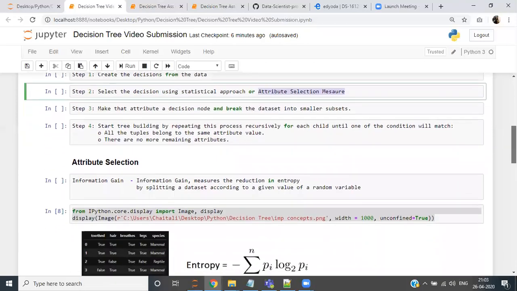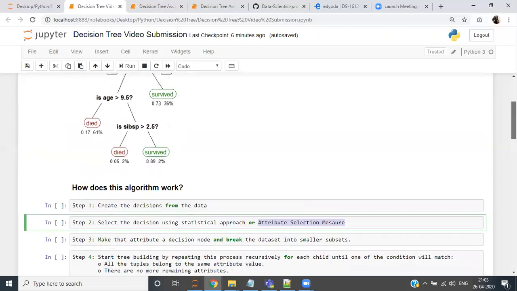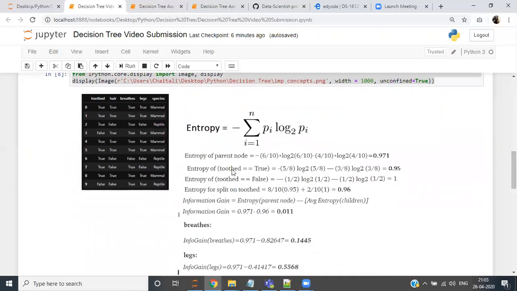Statistics provides us with two measures, information gain and Gini index. Information gain basically measures the reduction in entropy. And entropy is the randomness that you can see in the data. In simple format, the formula for entropy is the summation of the probability of the feature times log 2 of the probability of the feature.